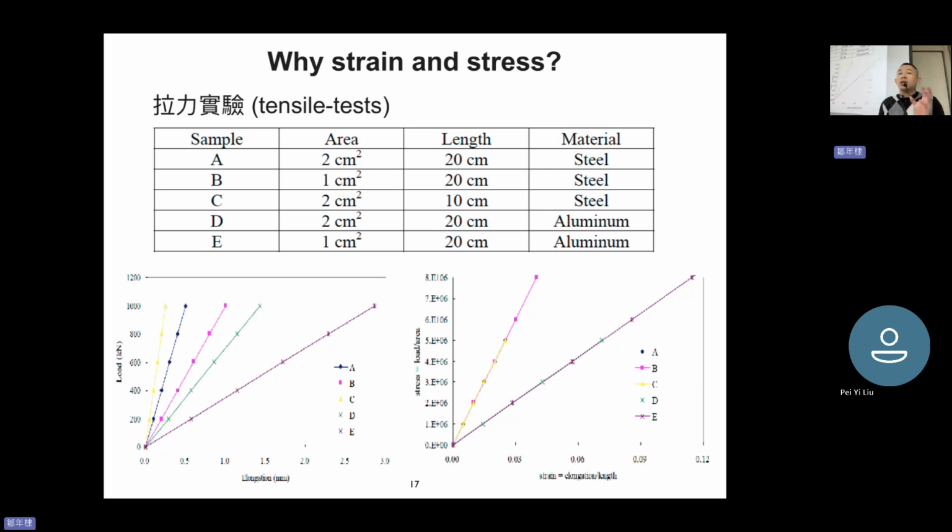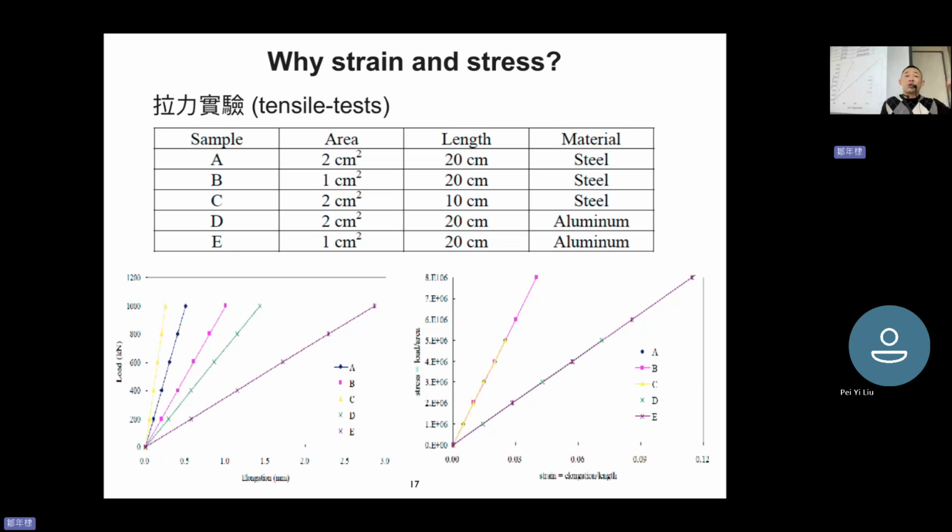So you can see that strain and stress can exclude the geometry effect. That's the reason why we use strain and stress.